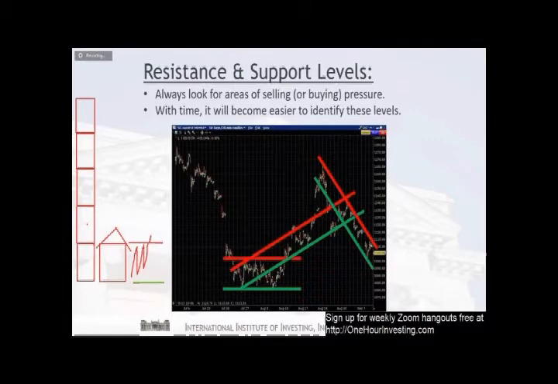When it eventually breaks out, just like it did here, it'll usually have a violent move. Why is that? Because it's broken free. That's why they call it a breakout of the zone, breakout of the range. They call it a breakout or a breakdown, depending on if it's up or down. So a breakdown would be here. So basically, now sometimes you'll have a retest and then it moves higher.